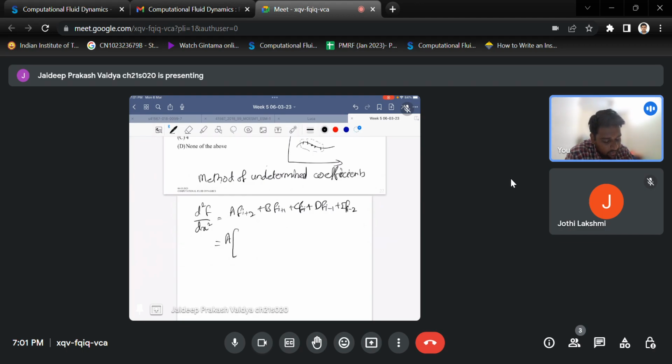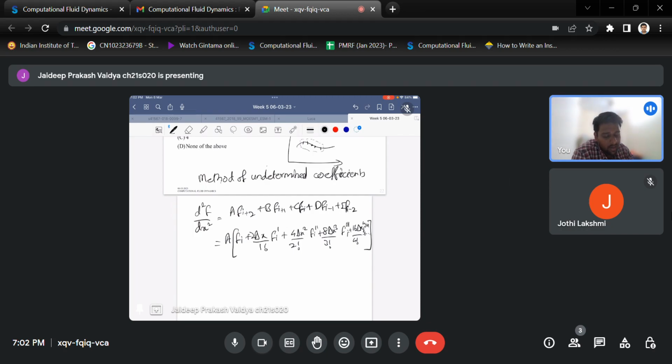terms. So we write this as fi plus 2 can be written as f at fi plus 2 delta x by 1 factorial times fi dash plus 4 delta x square by 2 factorial times fi double dash plus 8 delta x cube by 3 factorial times f triple dash plus 16 delta x raised to 4 by 4 factorial times f quadruple dash plus higher order terms.